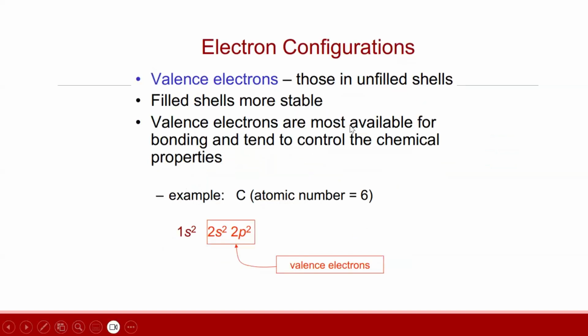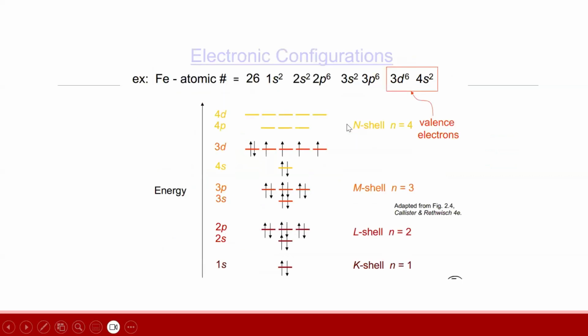So valence electrons are the electrons which are contributing to any reactions, any bonds. This is what I told you. When filling electrons, they fill in this order. For example, P has 3 spaces.